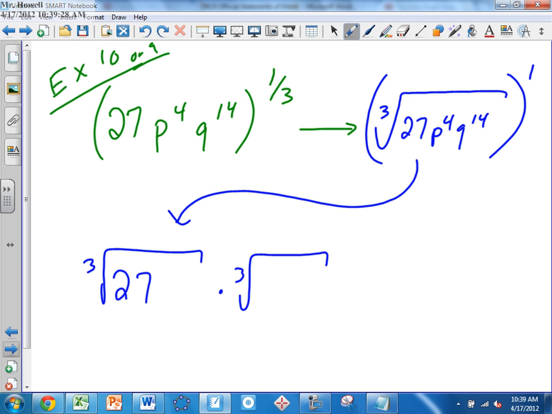Why P to the 3rd and P to the 1? Because which is divisible by 3? P to the 3rd. Good. So on this side, let's put P to the 3rd, and on this side, let's just put a P to the 1, or just P by itself. Because still, it's the same problem. Go back up and look and make sense of it. This is a P cubed, this is P to the 1st, which is really this P to the 4th that we started with. We have not changed our values at all.